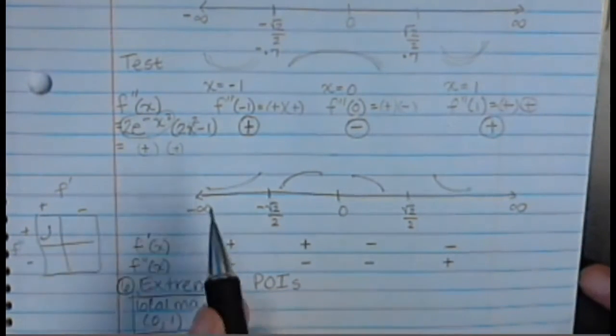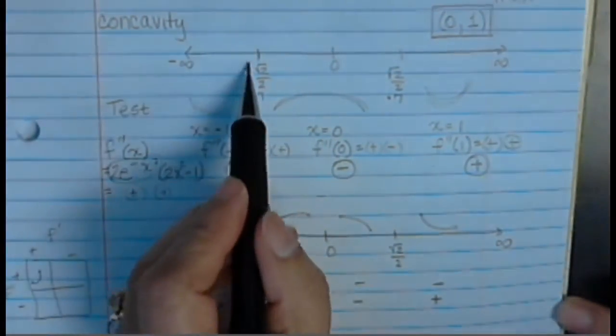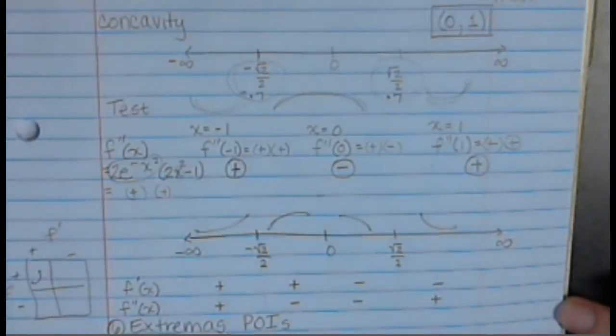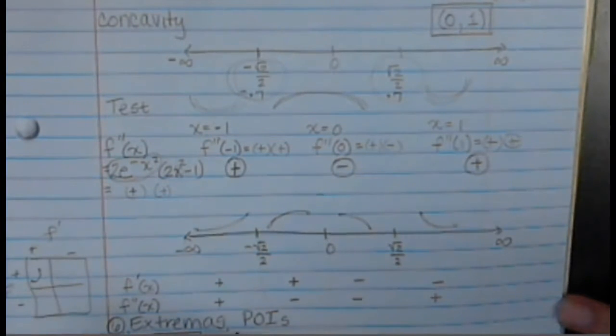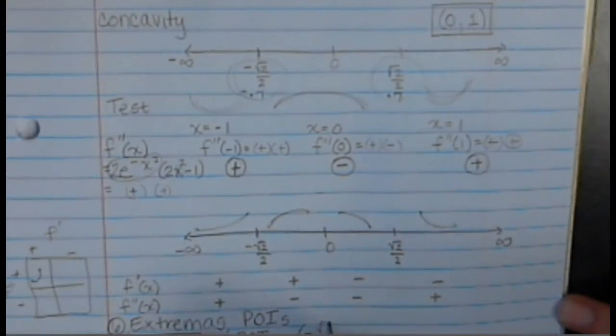For POIs, remember that's when the concavity changes, and we can see from this graph up here that concavity changes here and here. So those were our two concavities. So our POIs are actually found when x is equal to negative square root of 2 over 2, and the other one is when it's positive square root of 2 over 2.